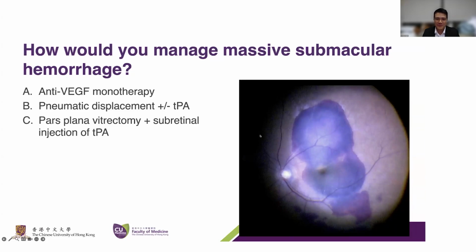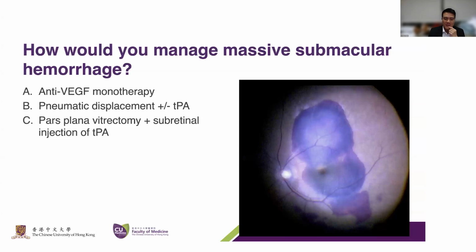So approximately 1/3 voted for anti-VEGF monotherapy, 1/3 voted for pneumatic displacement with or without TPA, and 1/3 voted for vitrectomy. So for submacular hemorrhage, it's not easy to design an unbiased randomized control trial because the presentations can be very variable.